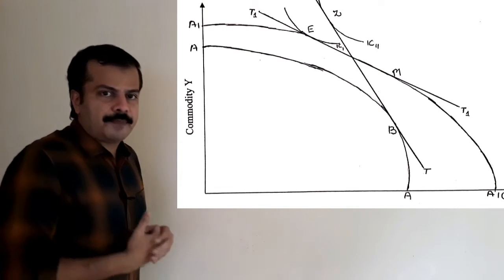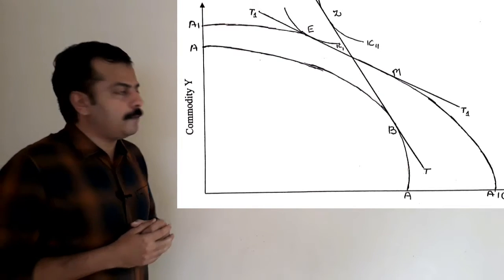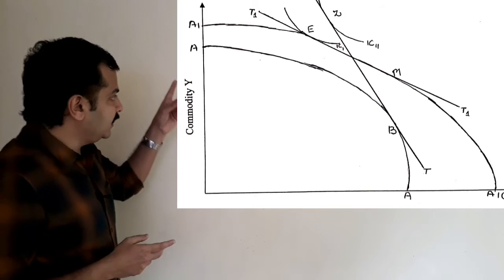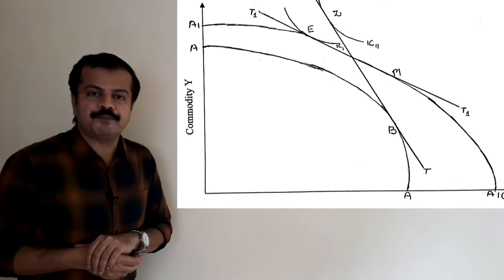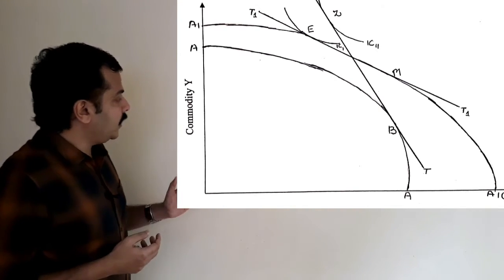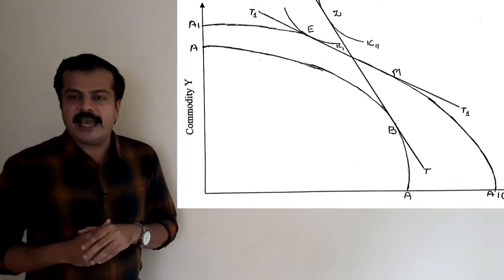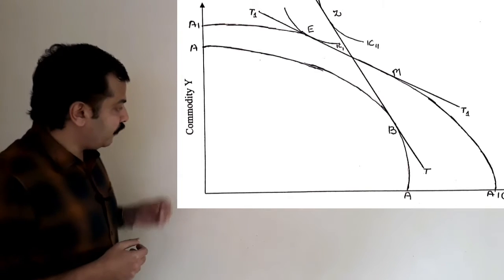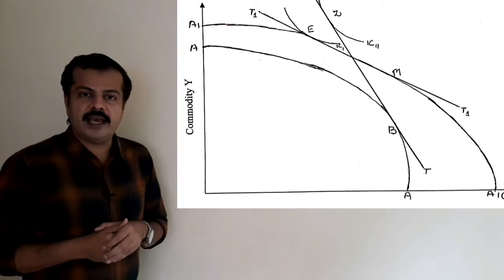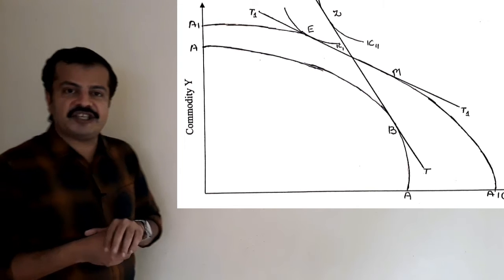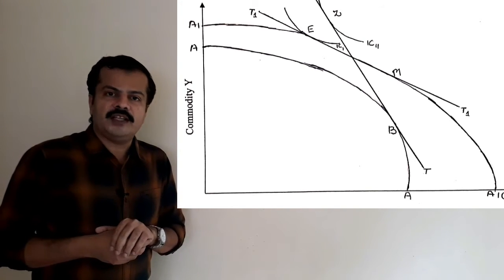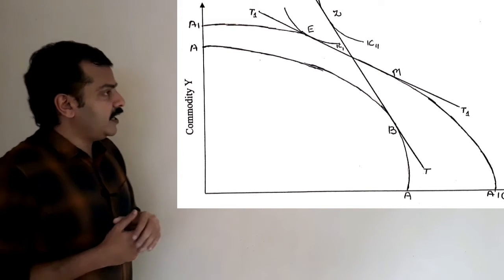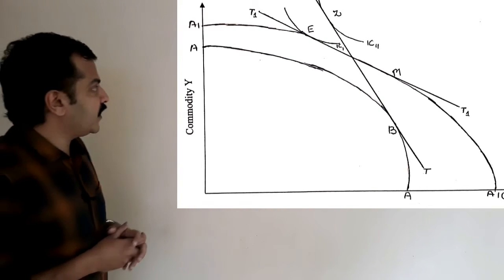So the initial production point of this country is the point B on the terms of trade line TT, and this country produces at point B and consumes at point Z. The welfare of consumption point Z is represented by the indifference curve IC2.